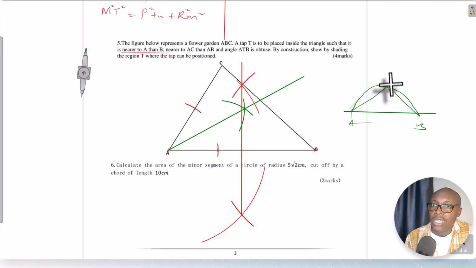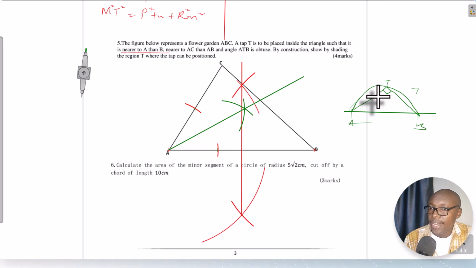Because we need ATB to be obtuse, it's not supposed to be less than 90, it's supposed to be more than 90. So when we construct that 90 degrees, that is going to help us so much, because we need the angle to be equal to or greater than 90. So we need to construct that.